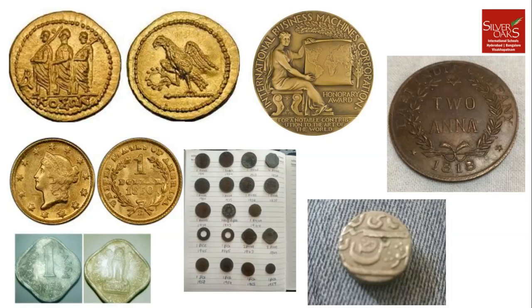Here on your screen are coins from different ages. When you see the coins, you can easily understand that the people had various professions during their period. They were practicing their belief system, the age of the coin, the metal or the alloys used to manufacture these coins. Understanding the metallurgy is very important.